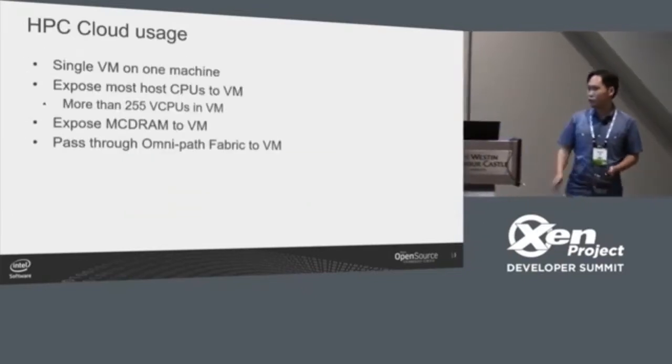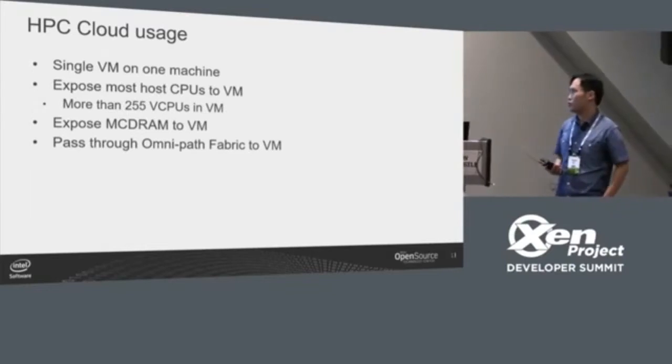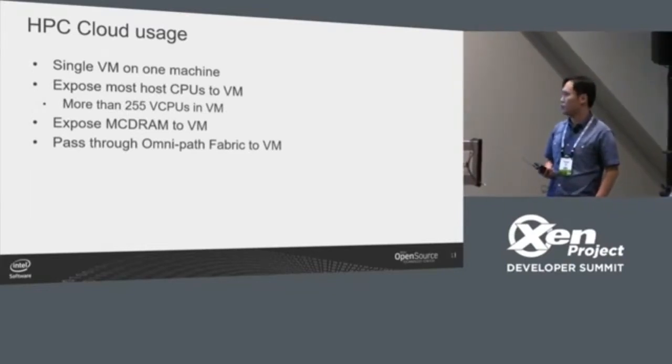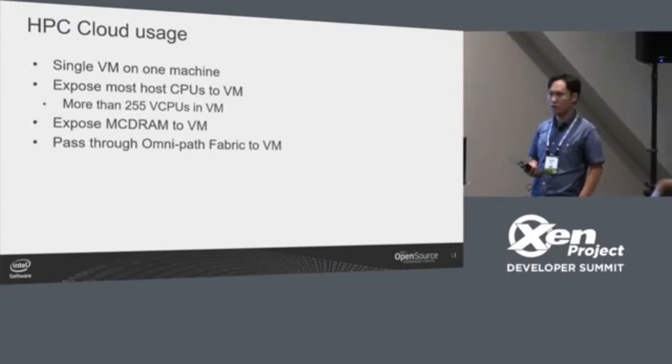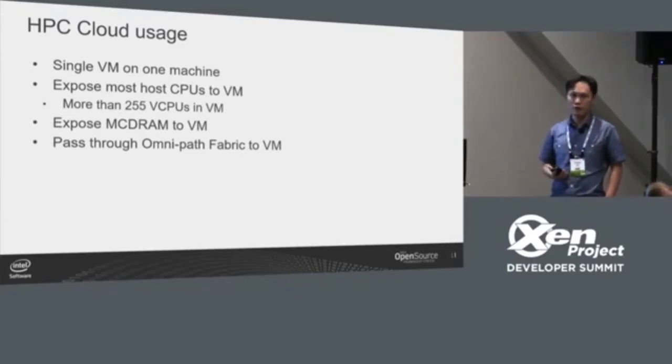Next, I will introduce our HPC cloud usage. We will just create a single VM on one machine and expose most of the host CPUs to the VM. As we have mentioned, we have up to 288 logical CPUs, so we require the VM to support more than 255 vCPUs in a single VM.